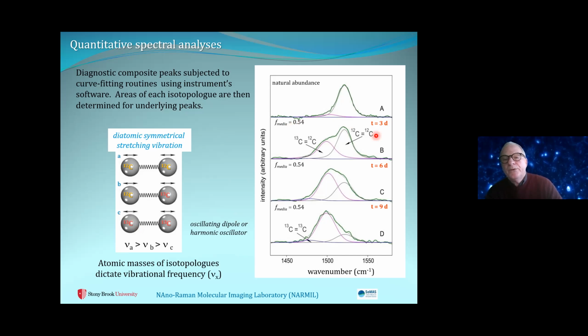Incubate longer, and we see that the relative peak areas and heights of these 2 peaks change, and we see the appearance of uniformly labeled carbon as well with the lowest frequency. So 1, 2, 3 are shown here. So that's the idea behind stable isotopic probing and Raman detection.